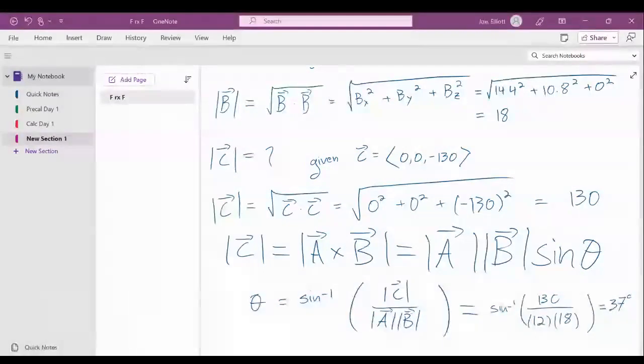There is a pretty elaborate proof: if you define C as equal to A cross B, and then you do a proof with the law of cosines, it's a long proof, but it's a common proof. You can see that this relationship holds.